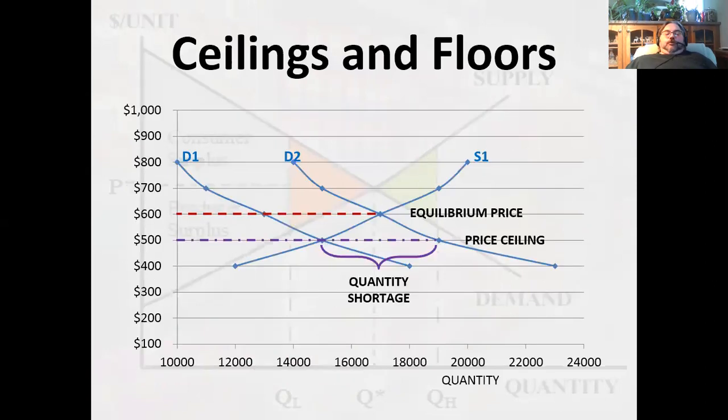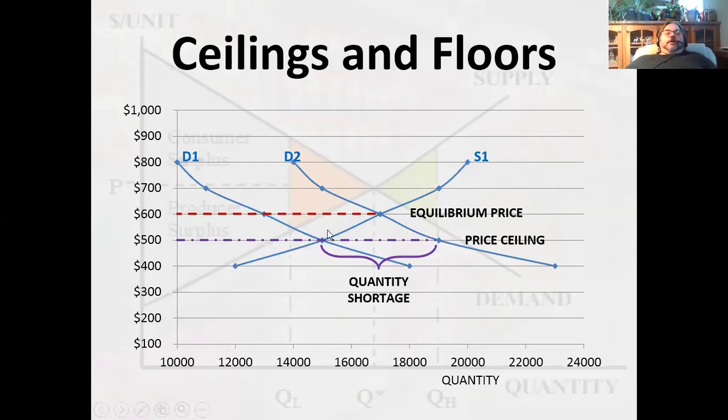And so this results in two left shifts in supply. Because one, the supplier, the guy who's supplying the apartments, they weren't willing to open up any new apartment buildings at the rent control price.